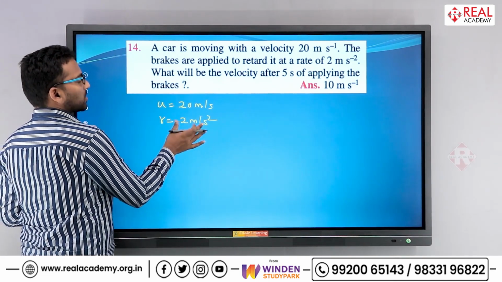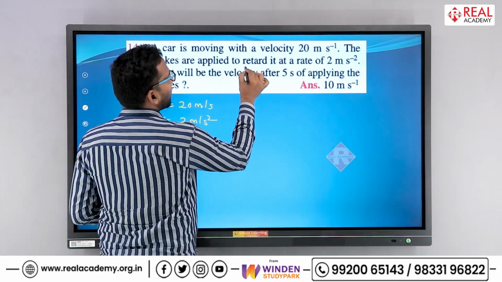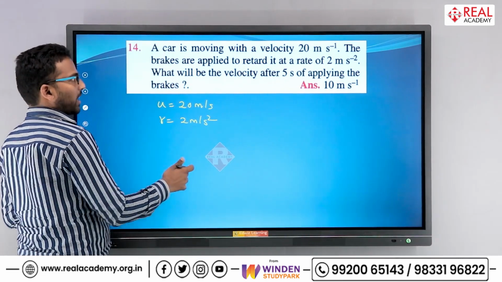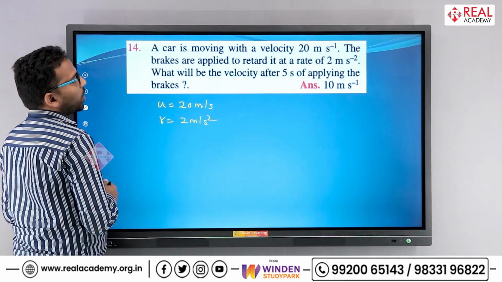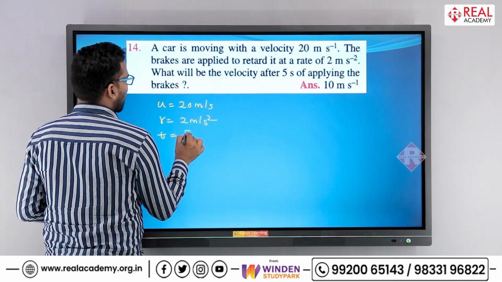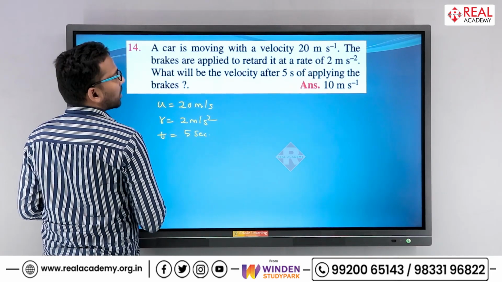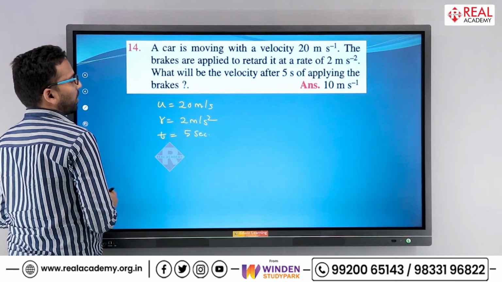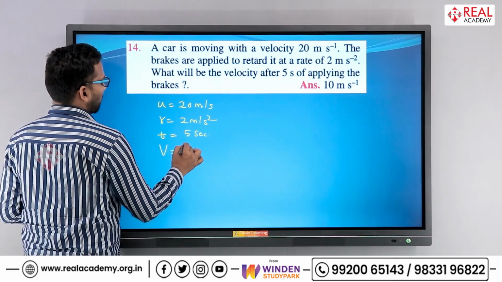Mark here this term because this is retarding. That means the velocity is decreasing. Then we will call it retardation. What will be the velocity after 5 seconds? Time is given 5 seconds. And what will be the velocity? They are asking us to find V.